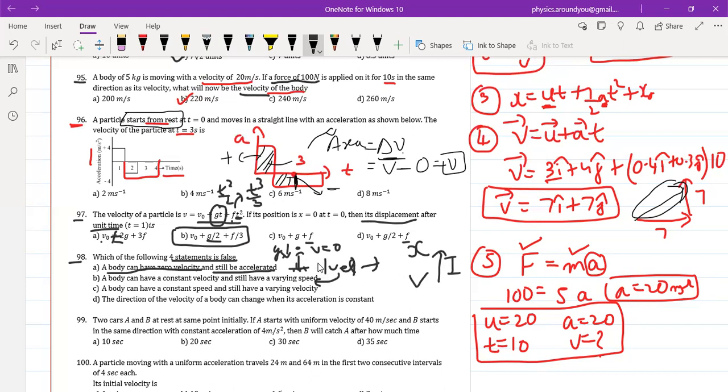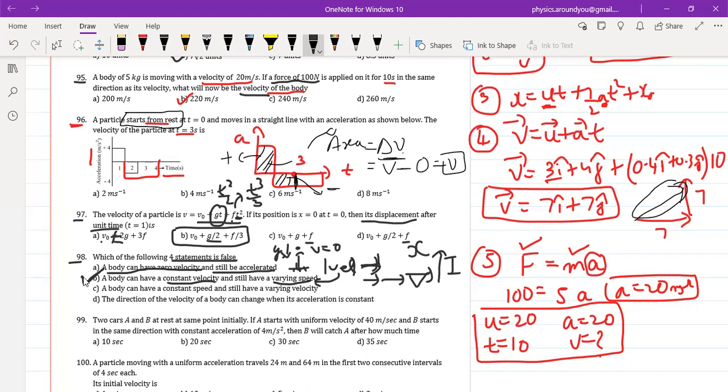So it can never have a constant velocity and a varying speed. If velocity has to be constant, then both the direction and the length of the vector should remain constant. But if speed is varying, then the length of the vector will change every time. So therefore, B is false. It cannot have a varying speed. So if it is false, that should be the correct answer for us.